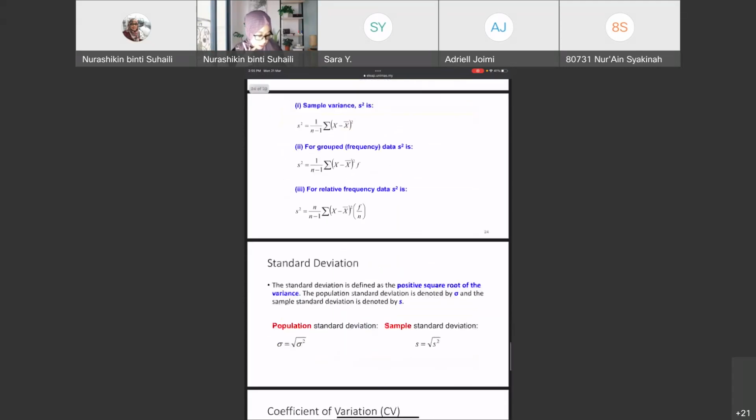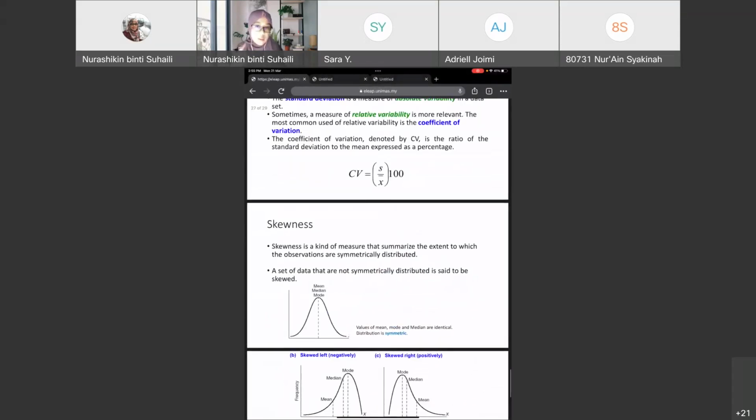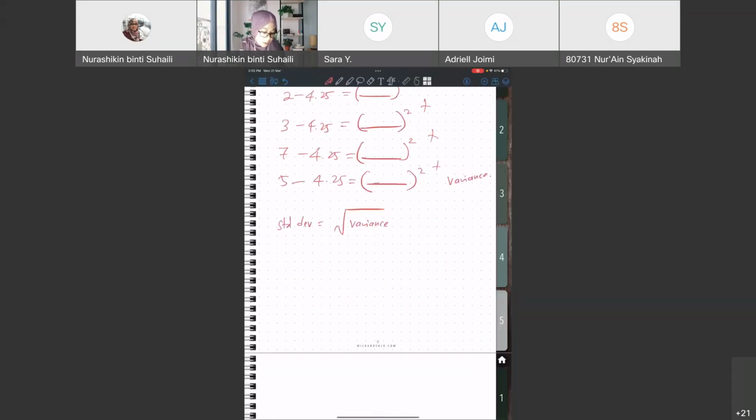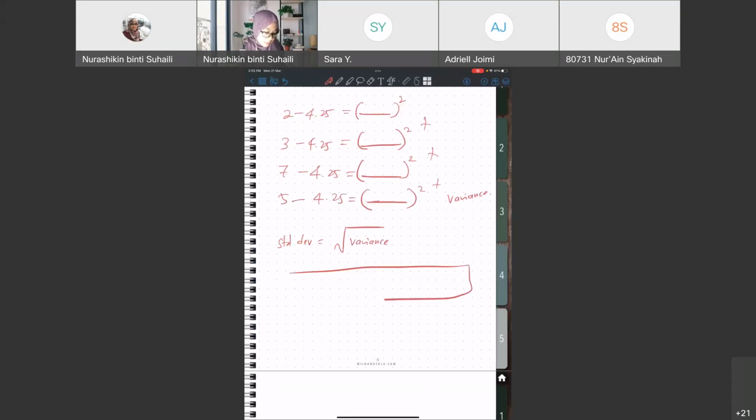Skewness, the last one. Skewness is how we describe the data. For example, if we have a data set and we want to see how the distribution is. The distribution in statistics or in maths refers to the pattern of the whole data.